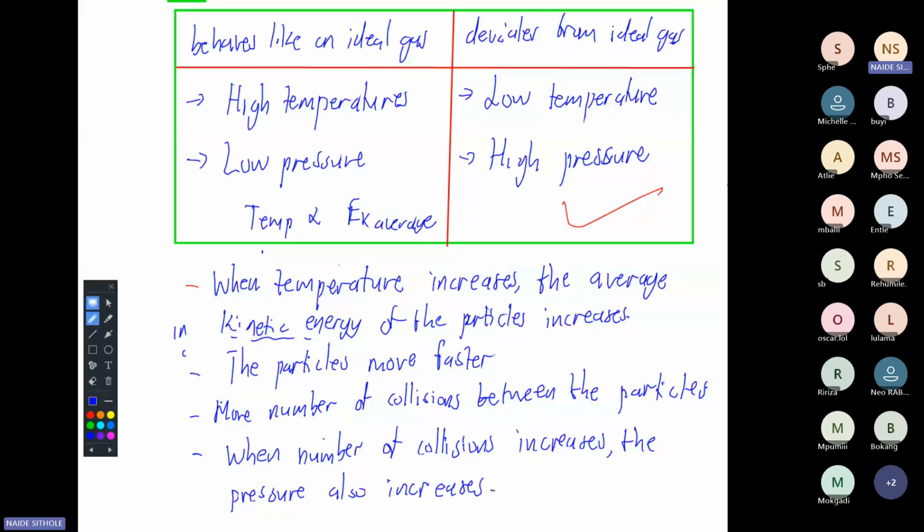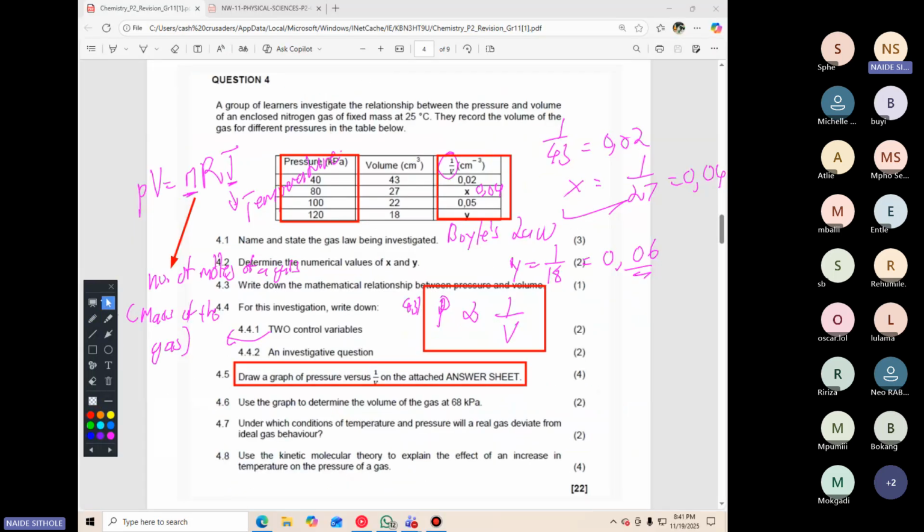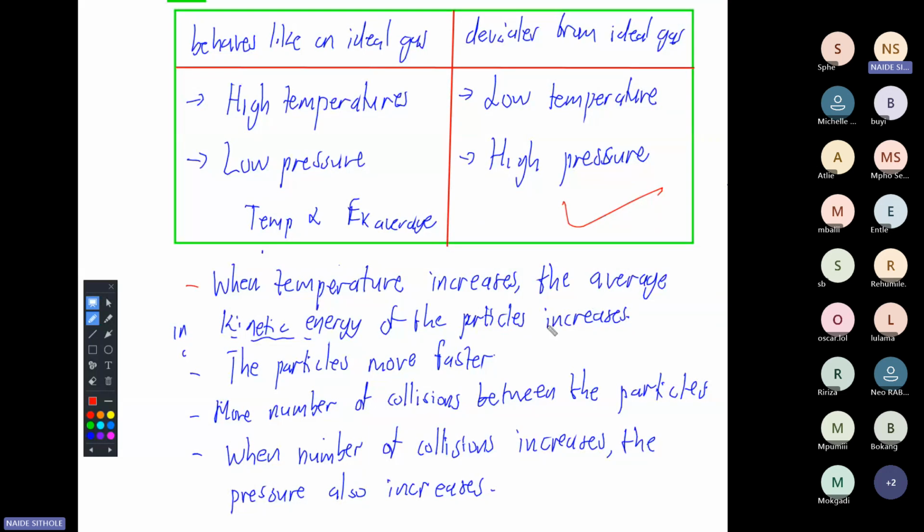Yes. So that's how we explain that. How many marks? 4 marks. Yes. When temperature increases, the average kinetic energy of the particles increases. The particles move faster. More number of collisions between the particles.